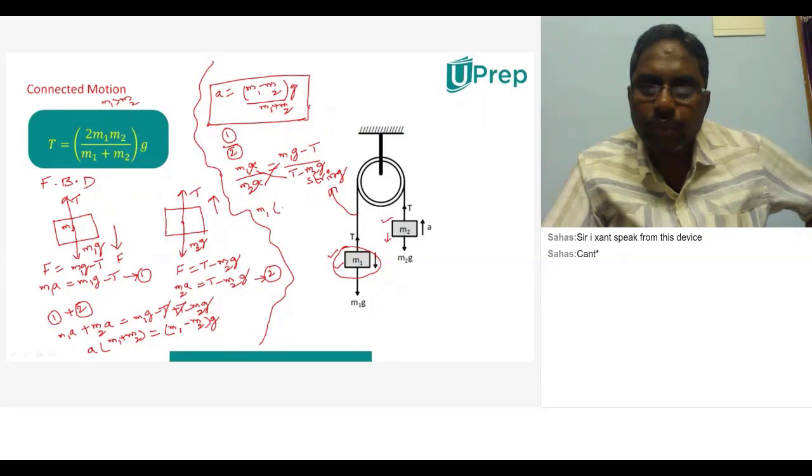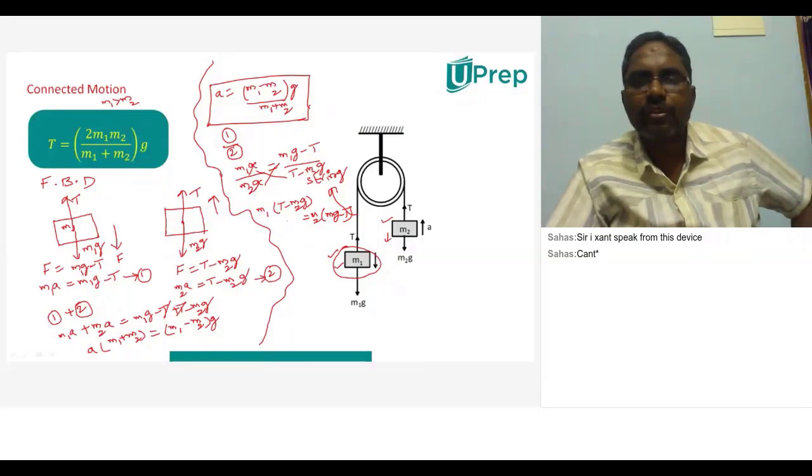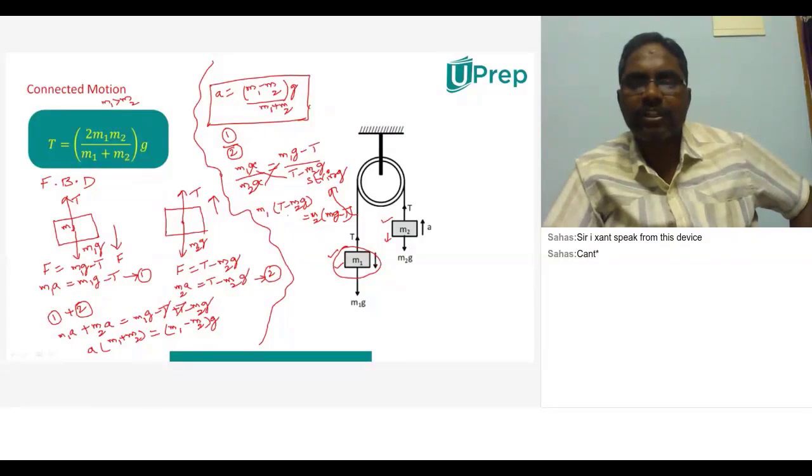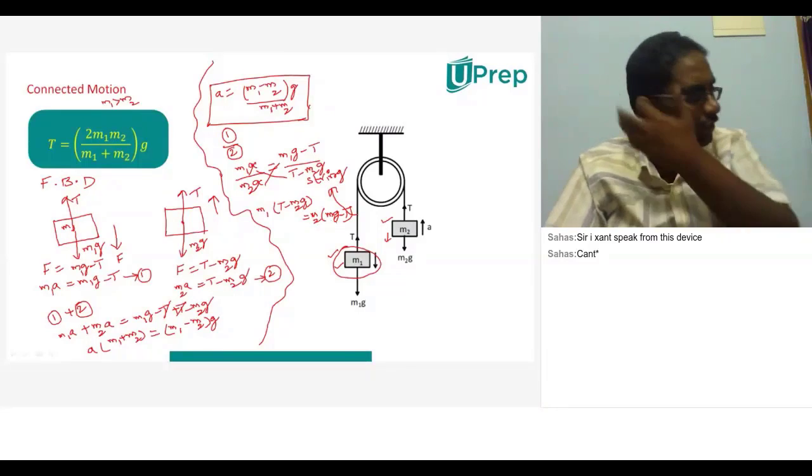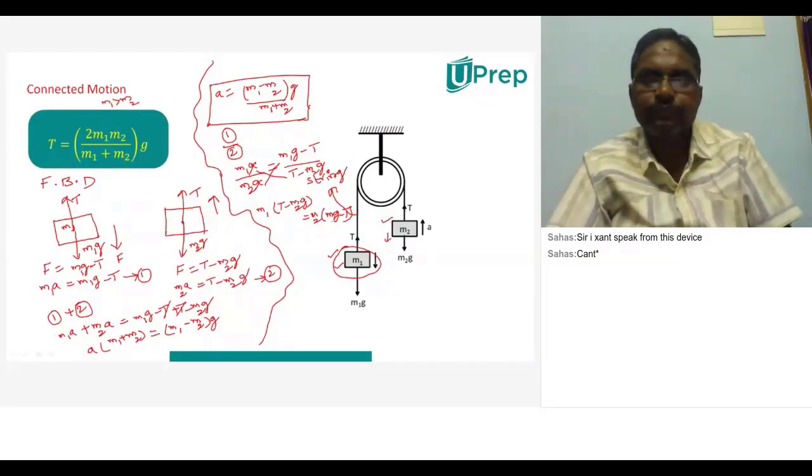M1 into (T minus M2g) is equal to M2 into (M1g minus T). Is it right? This equation, Arnav? Is it right, for cross multiplication?